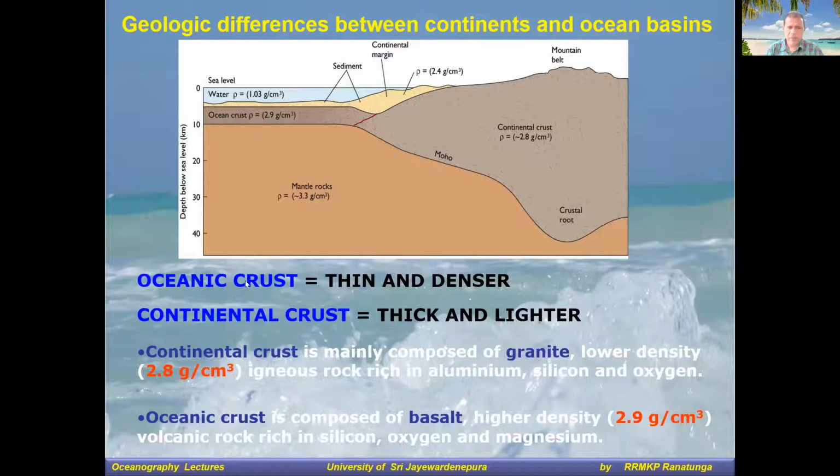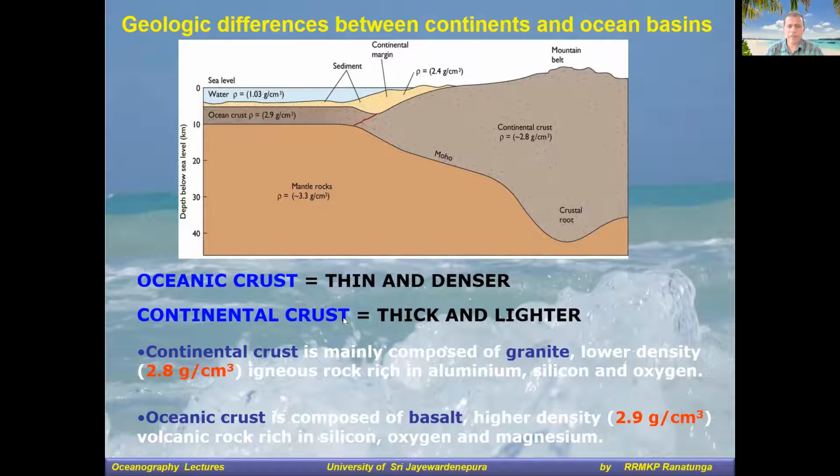But look at the difference: the oceanic crust is thin and denser. Why is it denser? The density is 2.9 grams per cubic centimeter, whereas the continental crust is thicker, with a density of 2.8 or less. It's still a considerable difference.